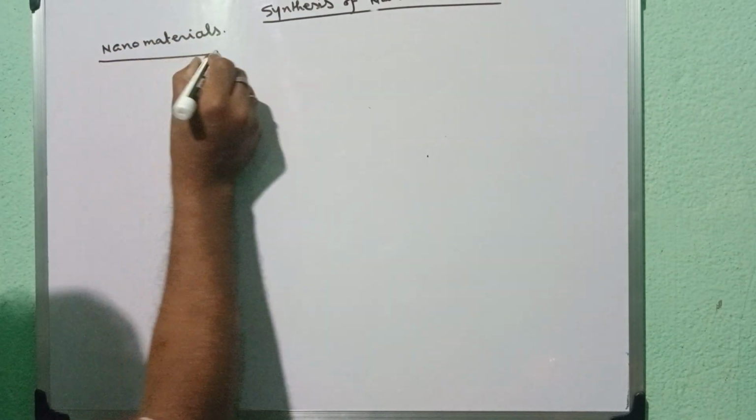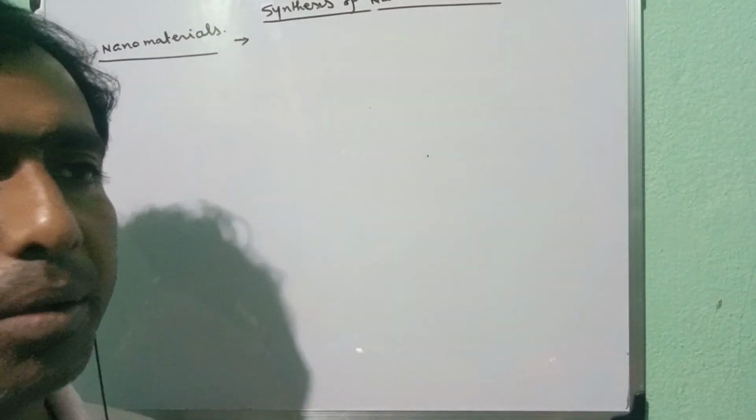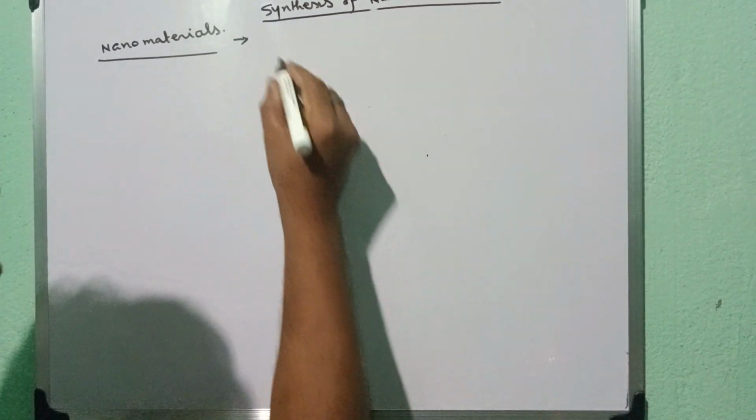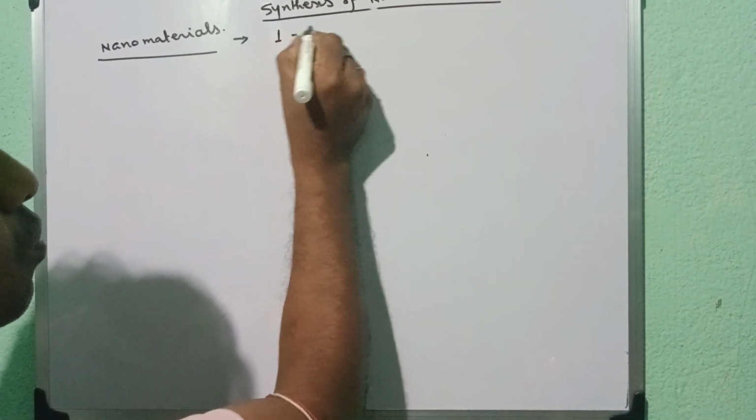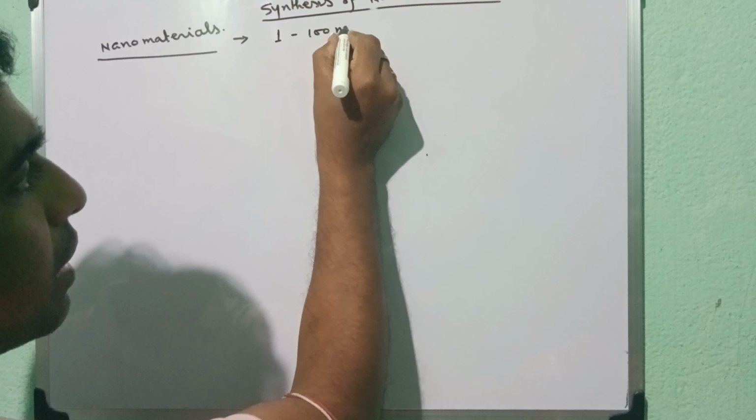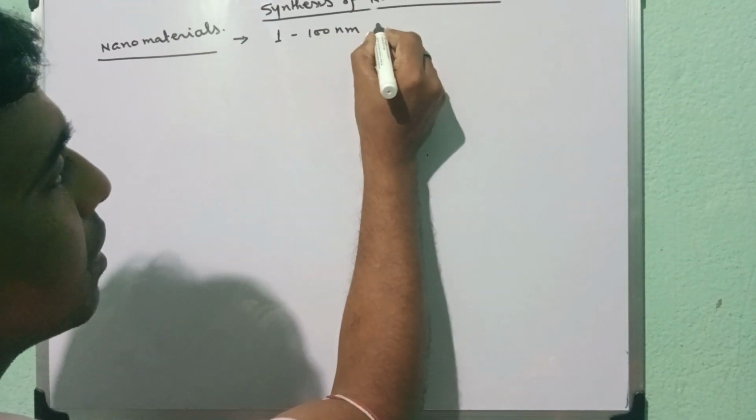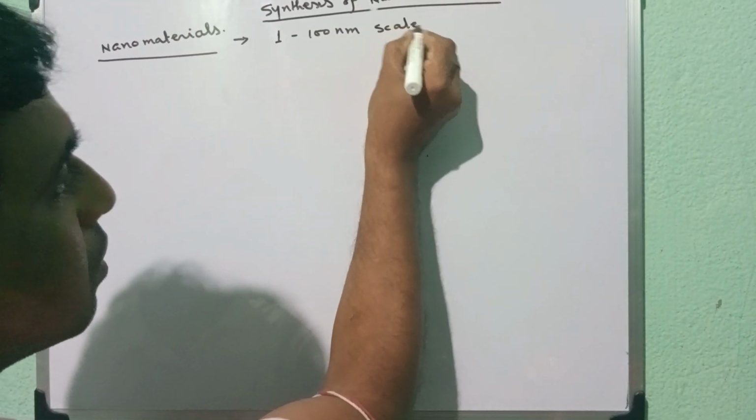Nanomaterials are materials which have a particular scale between 1 to 100 nanometers.